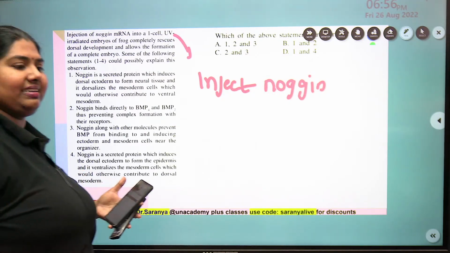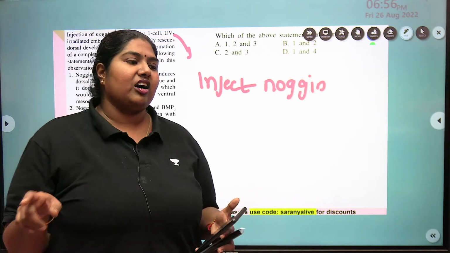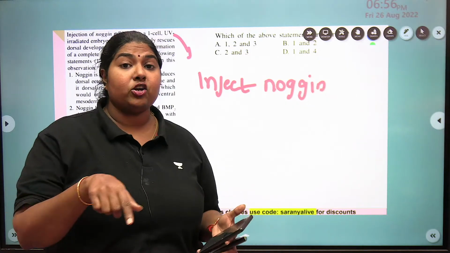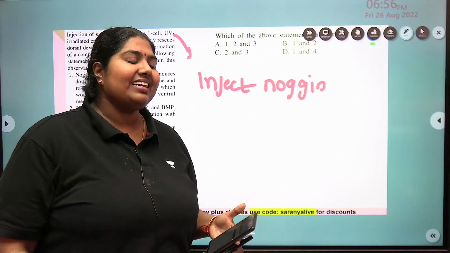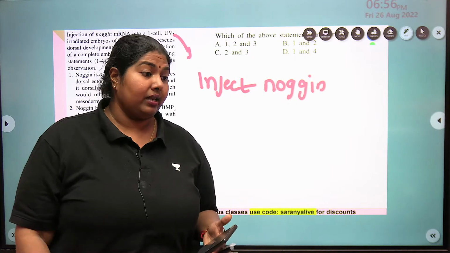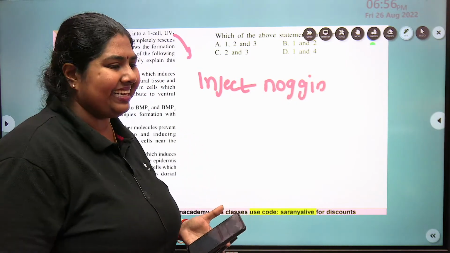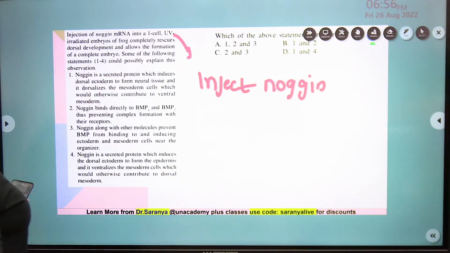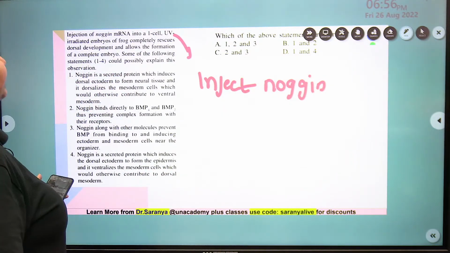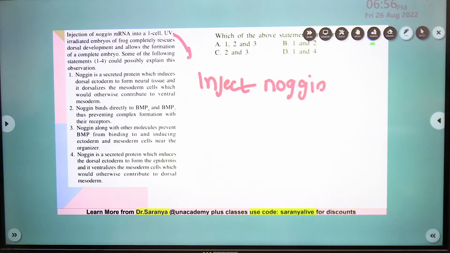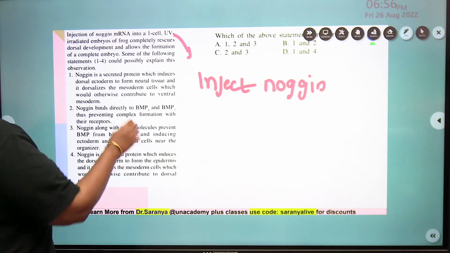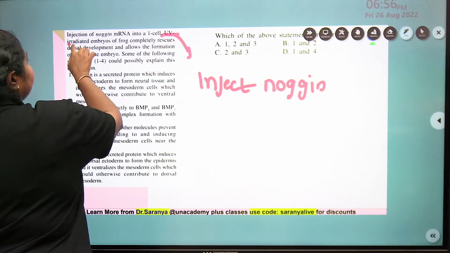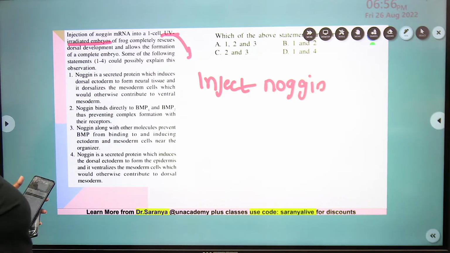Dickkopf is an organizer, but the role of Dickkopf is not inhibiting your BMP protein. Dickkopf has a separate role. It is not working with the BMP; it inhibits something else. Got it, Selva? Coming back here, this is your noggin. You are injecting this noggin into the UV irradiated embryo.